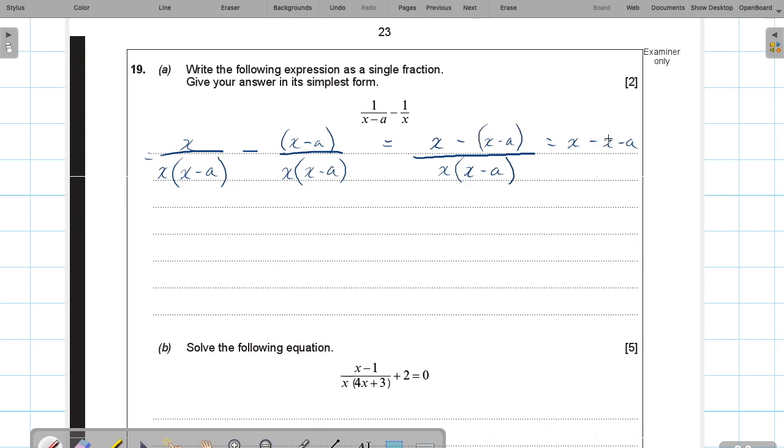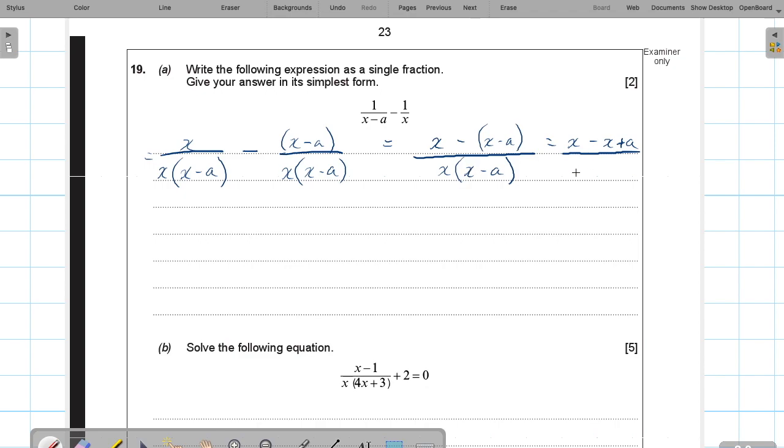So that would turn into minus x, which is good, but this is actually plus a. So just be careful there. I missed that first time round. Just remember this minus is actually taking away everything inside the brackets. So it's minus x, and minus 1 times by minus a turns it into plus a. I hope that's clear enough. If not, leave a comment down below and I'll perhaps explain it again.